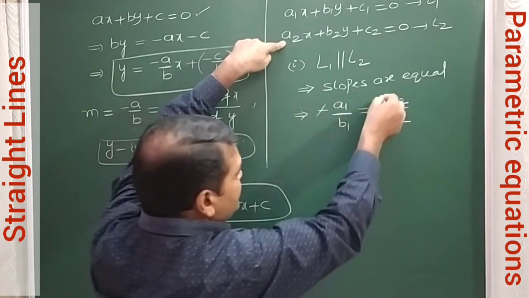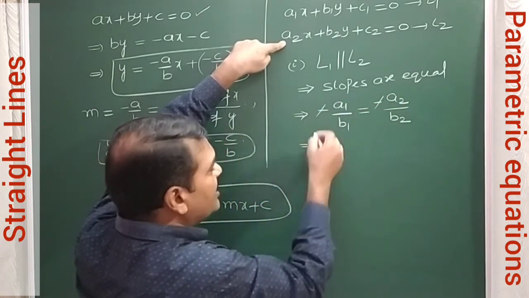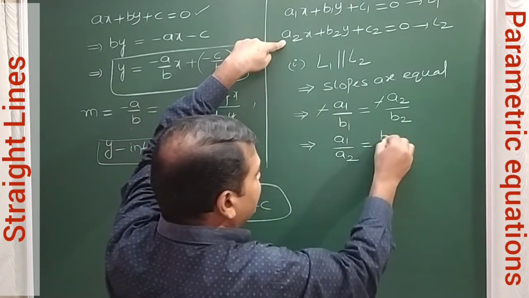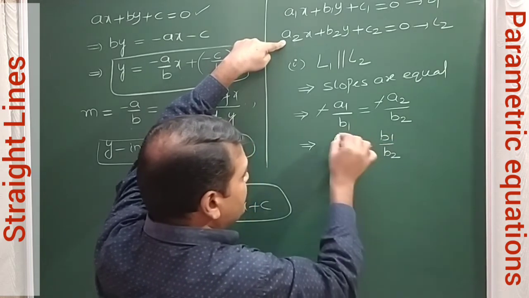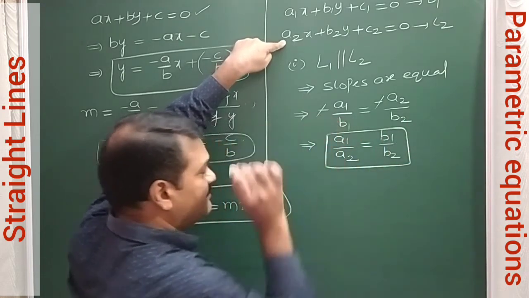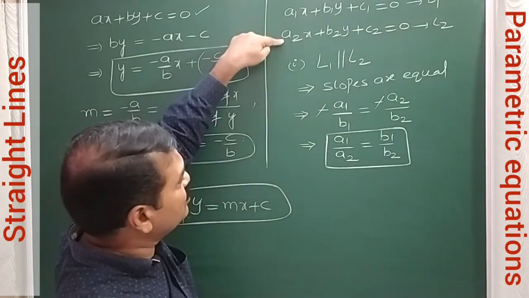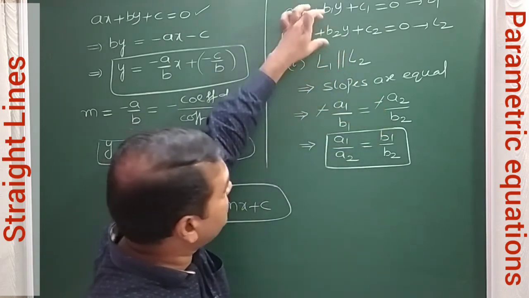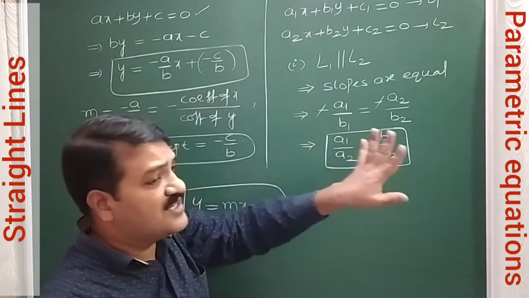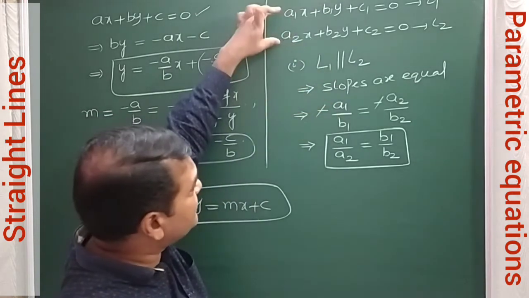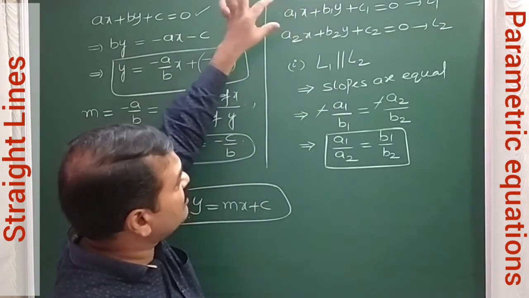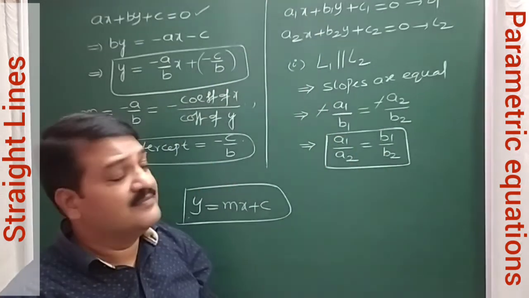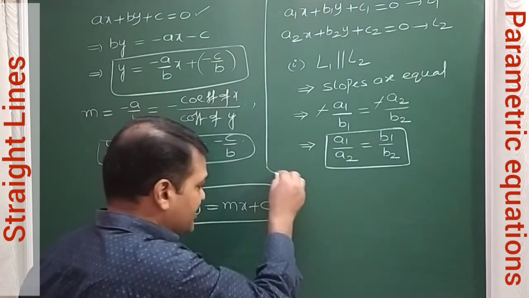So both sides the minus you can remove, and you can also write this as a1 by a2 is equal to b1 by b2. This is the better way of remembering the formula. a1 by a2 means the x coefficients ratio is equal to b1 by b2, the y coefficients ratio. So whenever two lines are parallel to each other, the ratio of x coefficients and y coefficients will be equal. So this is the important condition.